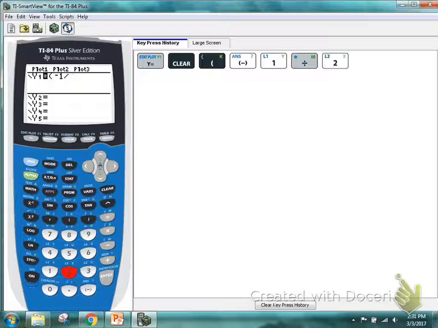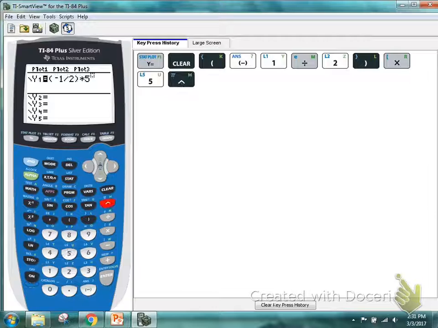Negative 1/2, and the reason I do that is because my 5 is what's taken to a power. So times 5 to the x minus 2 power. If you have a box like mine did, and like most of you do, you can just put x minus 2. If your caret pops up, you need to put that x minus 2 in parentheses, so group it as the exponent. Okay, everybody good?